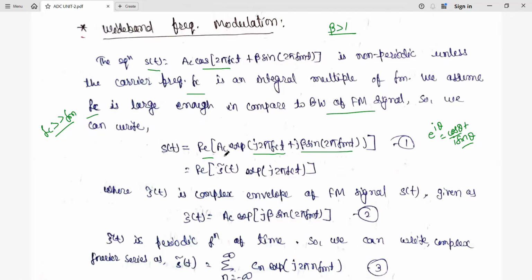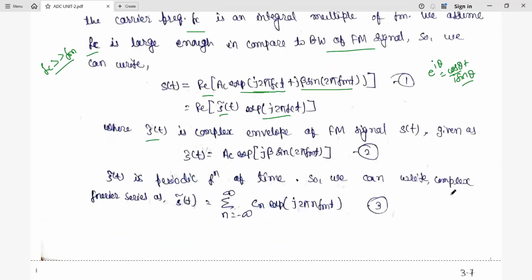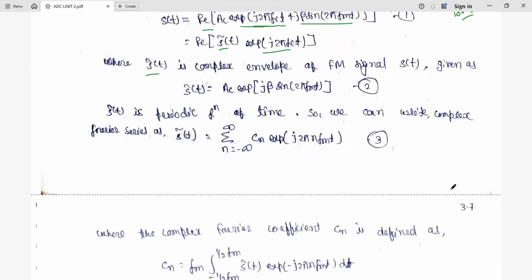Apart from this, we have Ac times e to the power j beta sine 2 pi fmt, which is taken as s tilde of t, and exponential j 2 pi fct is written as it is. So s tilde of t is the complex envelope of the FM modulated wave, written as Ac exponential j beta sine 2 pi fmt.